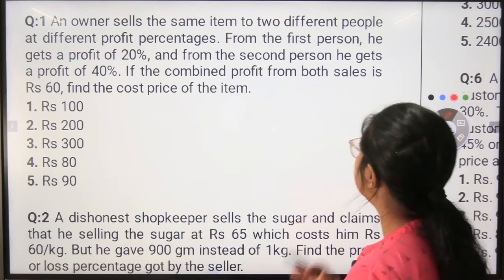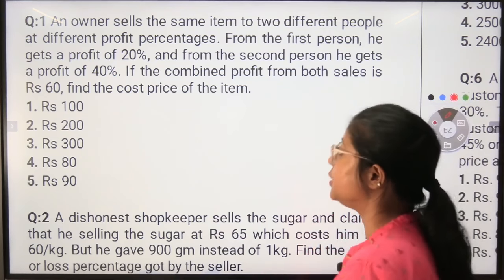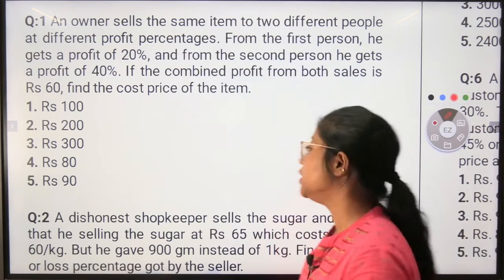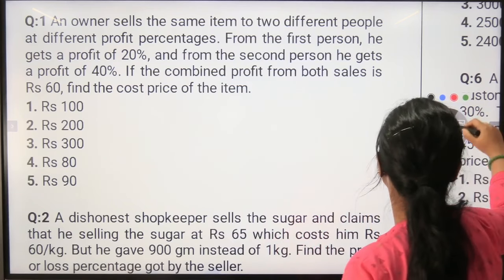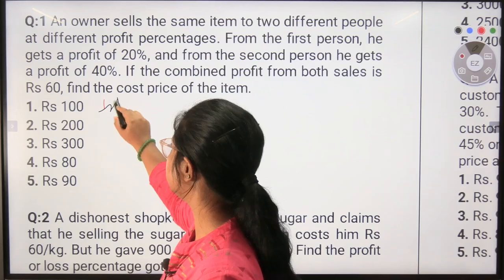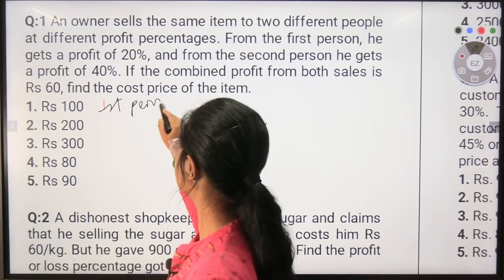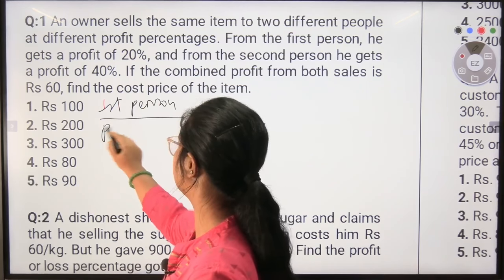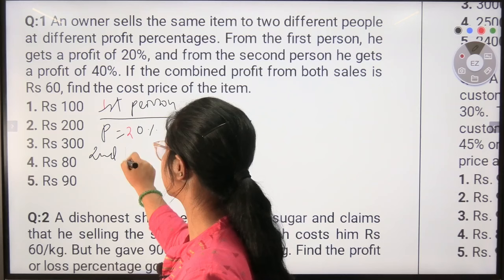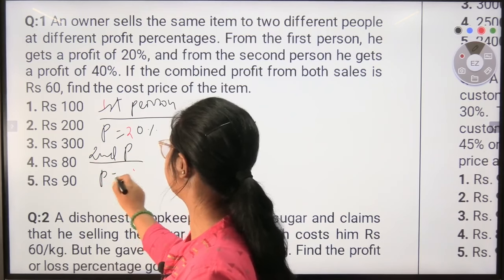From the first person he gets a profit of 20%, and from the second person he gets a profit of 40%. So you are given 2 profit percentages, one is 20% and another is 40%.